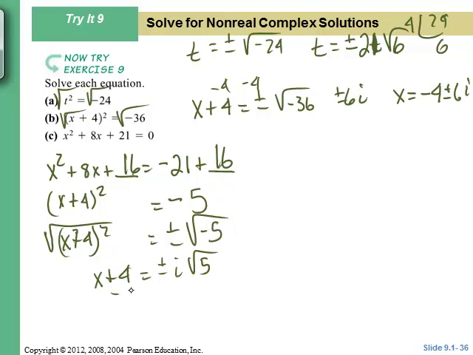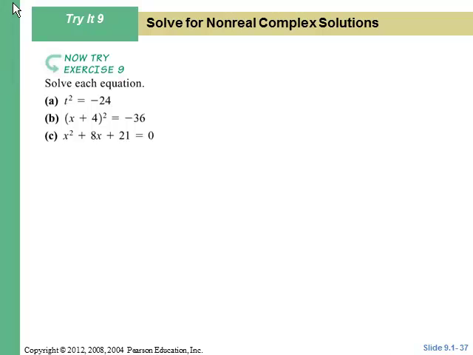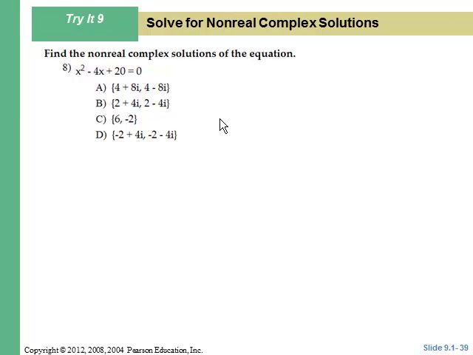Subtract 4 from both sides. X equals negative 4 plus or minus i root 5. Next one. What is this? There we go. Oh, I see. I did all three of them on the same page. Okay, you do this one.